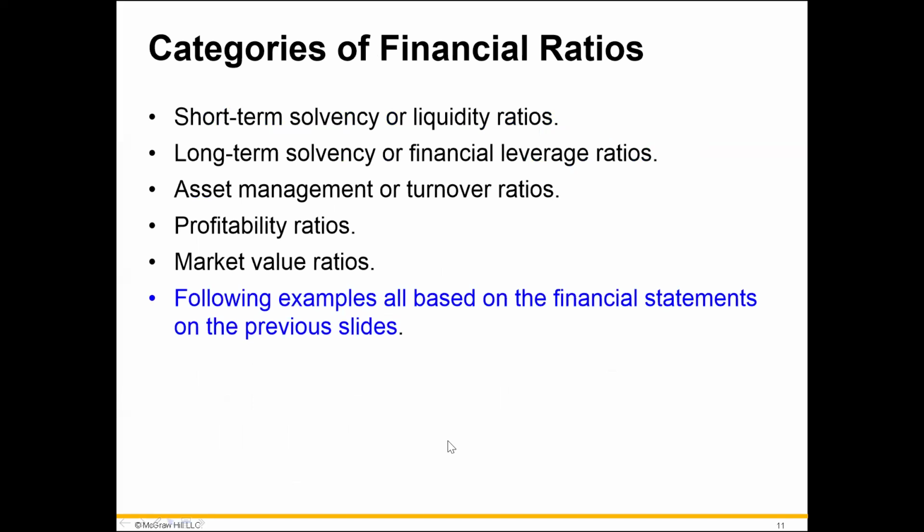All right, let me explain the major categories of financial ratios. The first one is the short-term solvency and liquidity ratios. The second is long-term solvency and financial leverage ratios. The third category is asset management or turnover ratios.